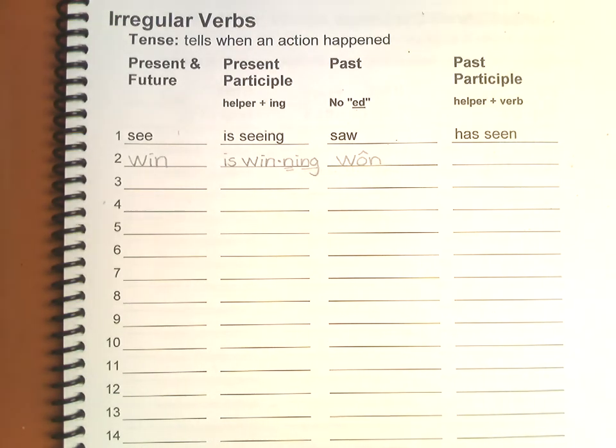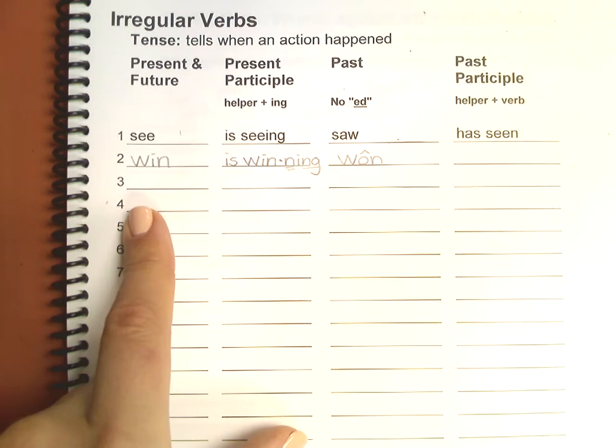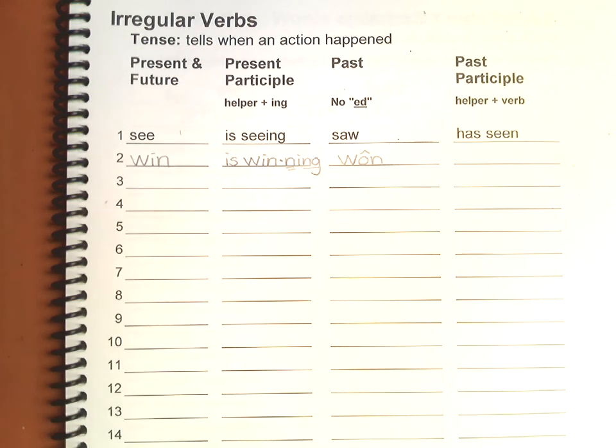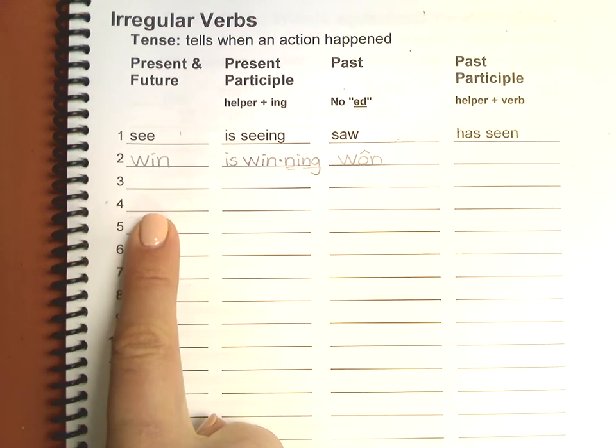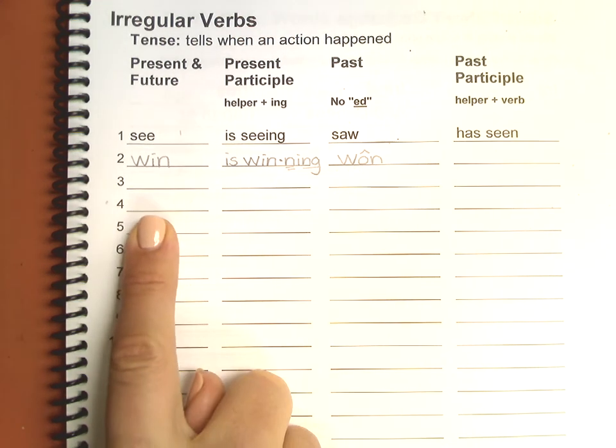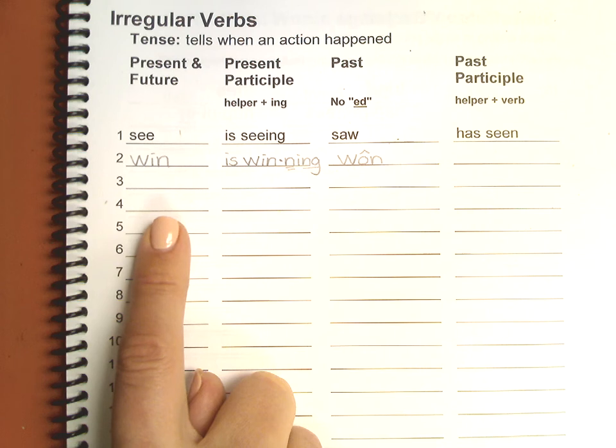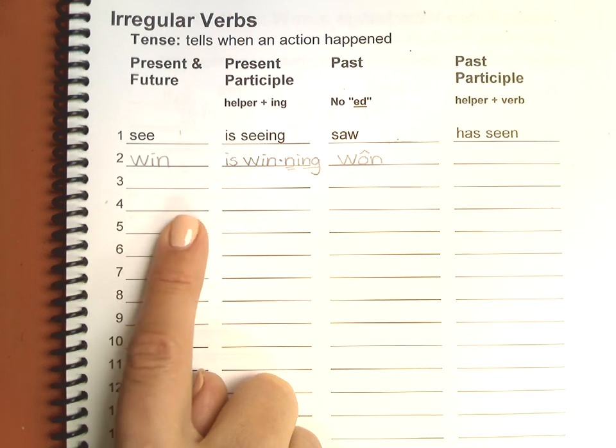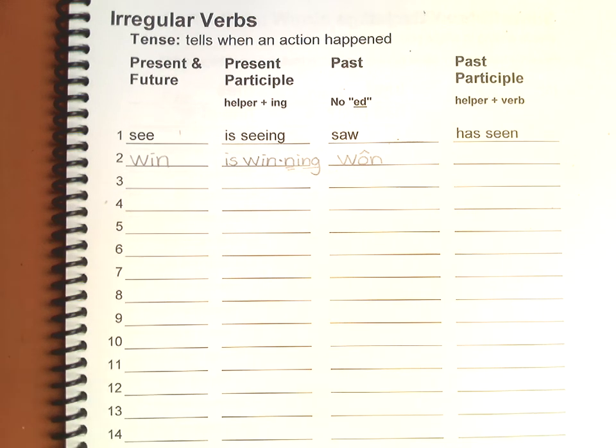All right, now we're going to go down to our next line below that because we've got another irregular verb. And our present tense is bring. So go ahead and write bring in the present tense column on your next free line.